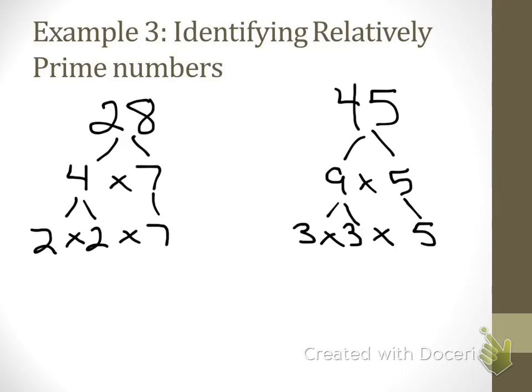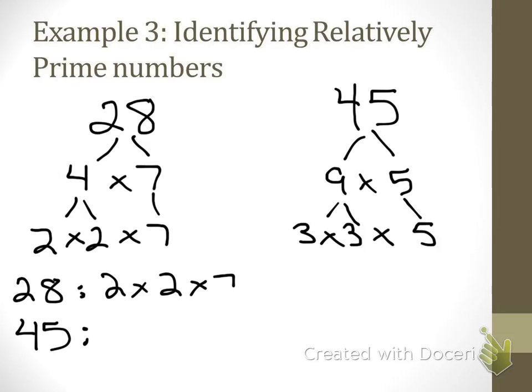Now that we have our prime factorization, remember, you could have done upside down division as long as you end up with the same numbers. So now we list our factors. We're looking for the GCF here. We have 2 times 2 times 7, and we have 3 times 3 times 5. But there's nothing in common, right? There's nothing that we can circle, because there are no 2's in 45, there's no 3's in 28.